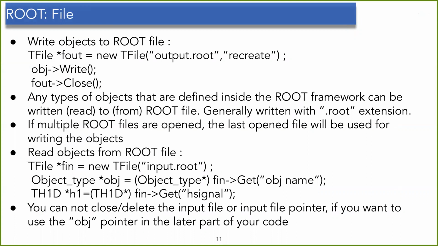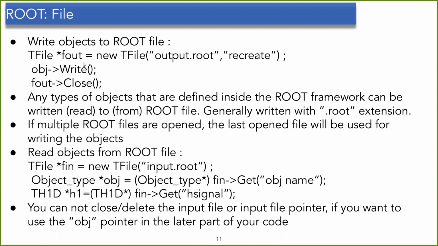So you can do this by using TFile, which has an extension of .root. In this root file, you can store any number of root objects that you want to store, and you can define this root file using this TFile, which is shown here.